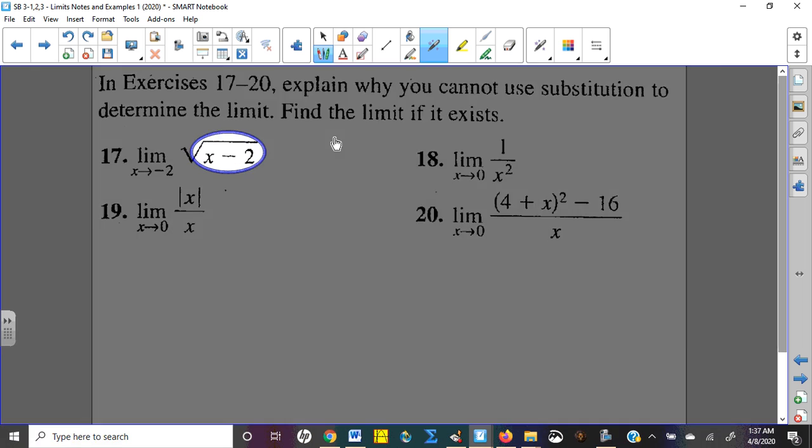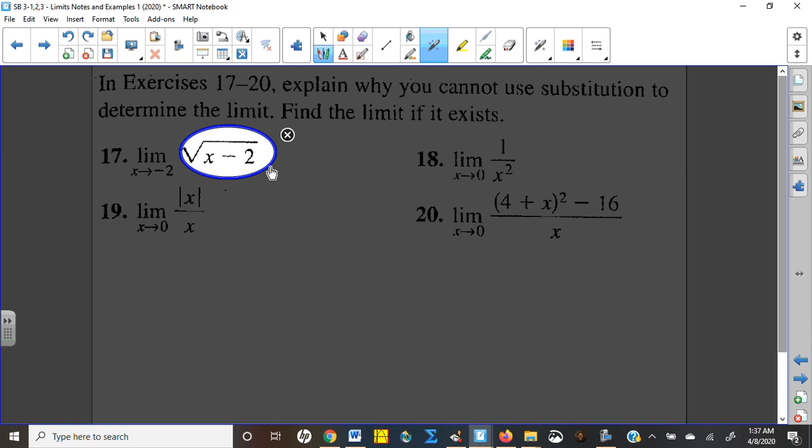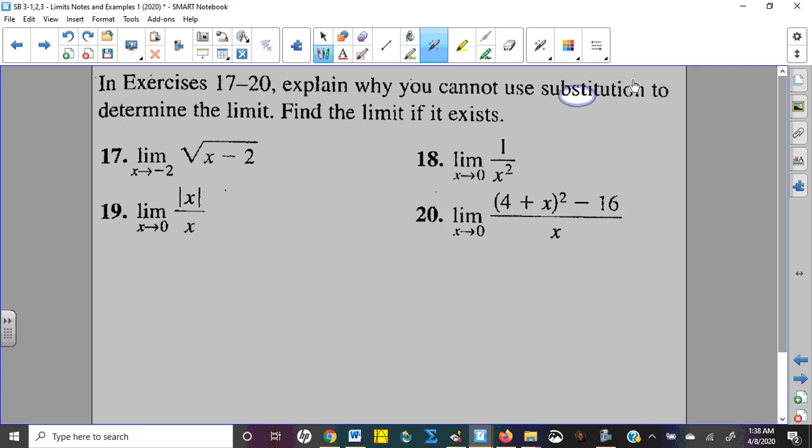Well, that's an imaginary number. I cannot put a 0 in the denominator of a fraction, whether it's here or here or here. And so if you can't put the value into the function, you cannot use substitution. And that's where we're heading tomorrow.